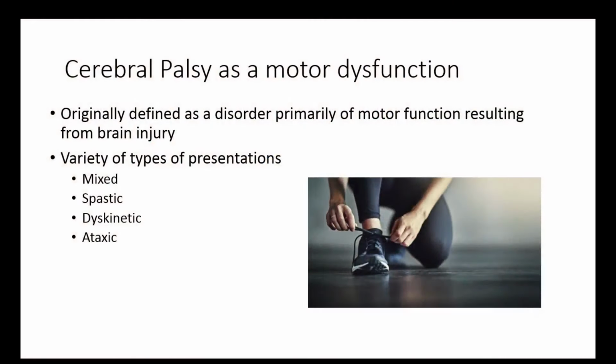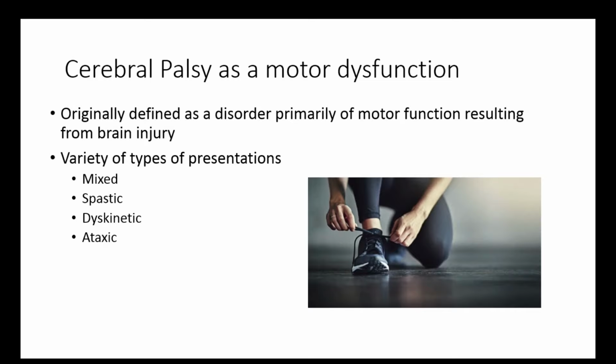Dr. Ward has gone over a lot of these early slides, so I'll just graze through them. Cerebral palsy was initially conceptualized as a disorder of motor movement, and it's quite diverse in how it presents, as Dr. Ward touched on.